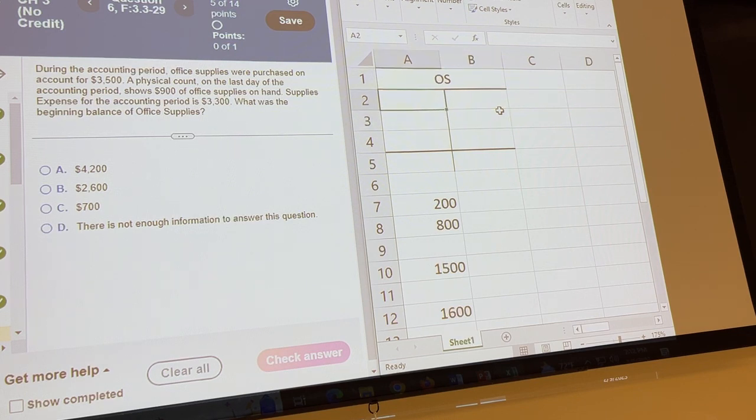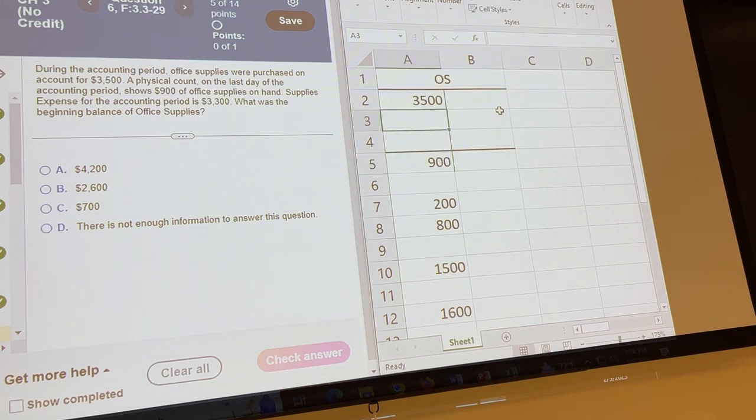So the purchases of office supplies were 3,500. Physical count on the last day were 900, so that would be our ending balance.